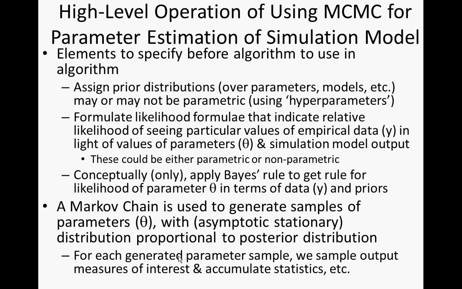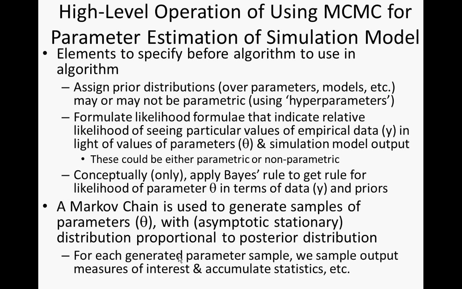These prior distributions for parameters could be specified in a parametric fashion, for example, using analytic distributions, say normal distributions, or log normal, or gamma, Gumbel, etc. In other cases, we may wish to use non-parametric distributions.